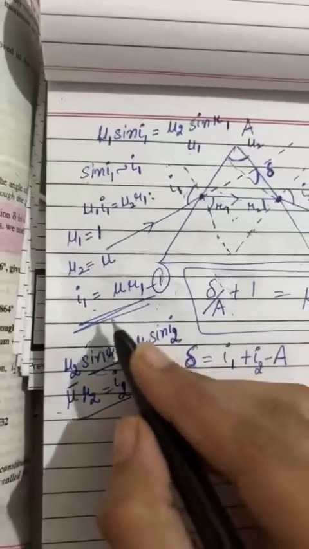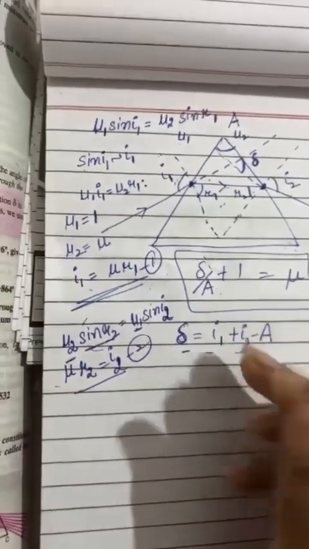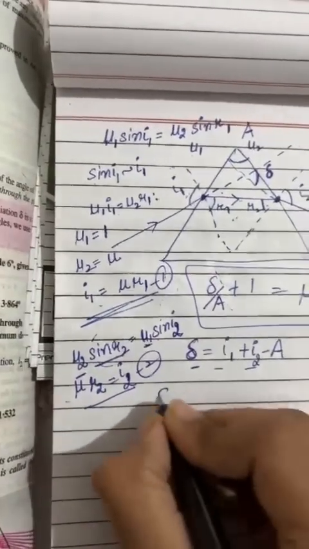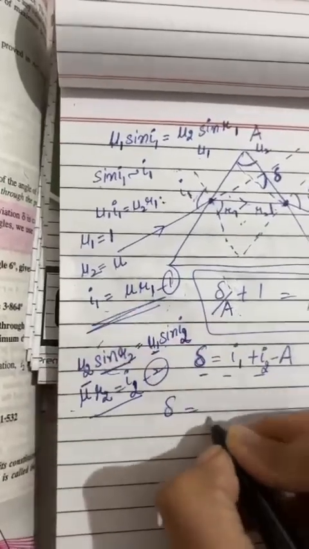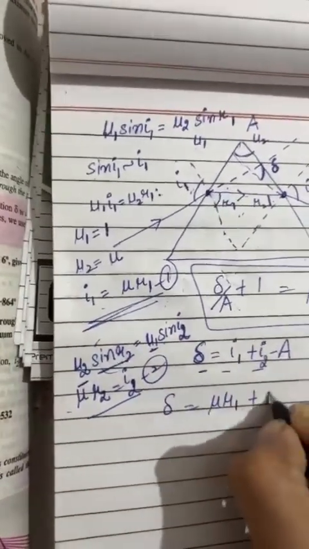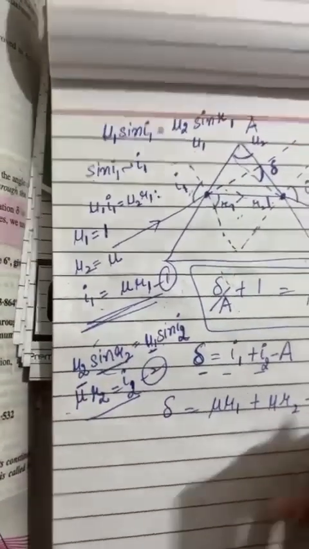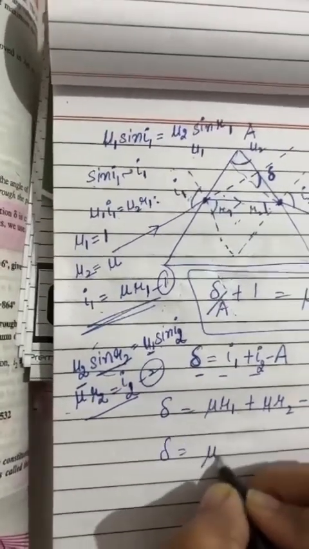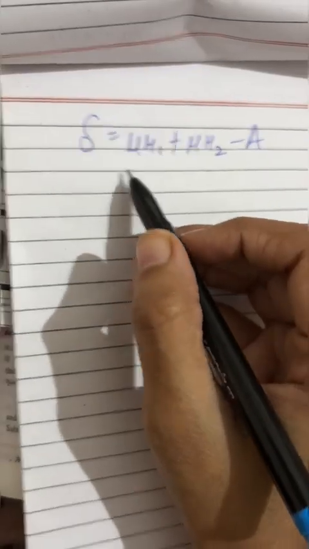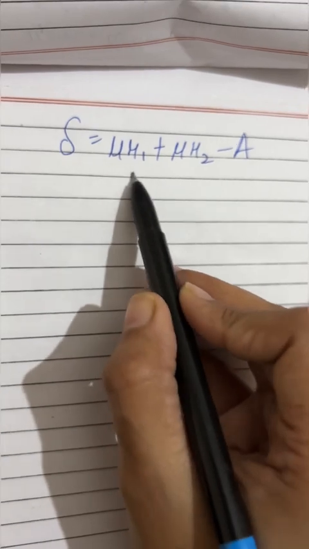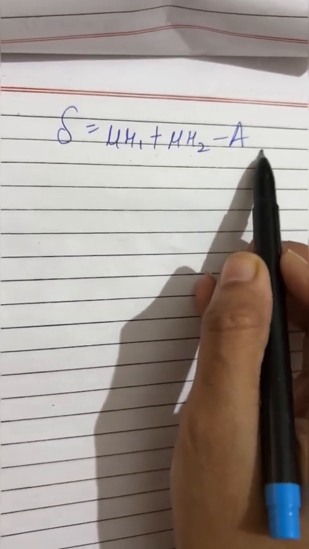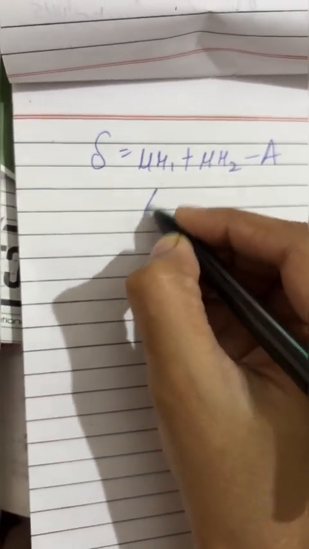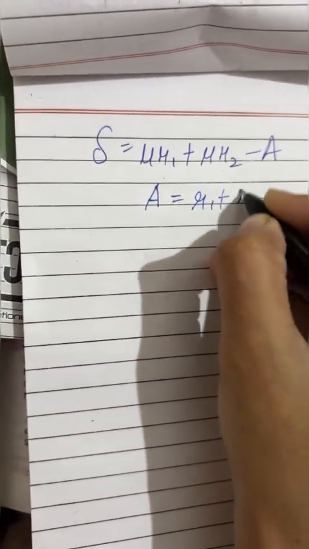So directly write here the values of I1 and I2. So delta is equal to I1, that is mu R1, plus mu R2 minus A. So we will take mu common here. We have proved this equation: delta is equal to mu R1 plus mu R2 minus A. While we were proving the prism formula, we proved that A is equal to R1 plus R2.